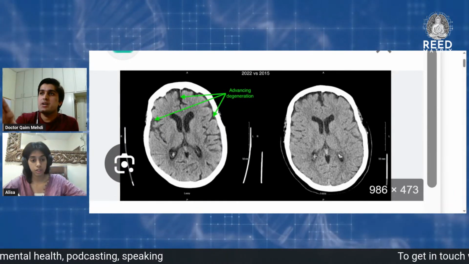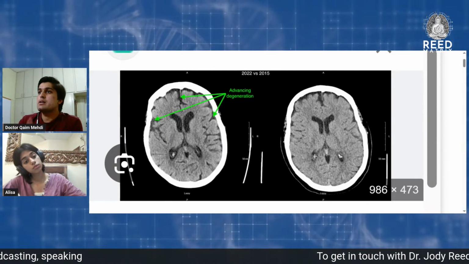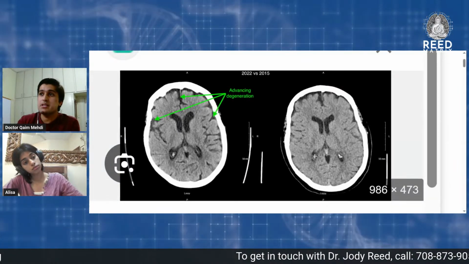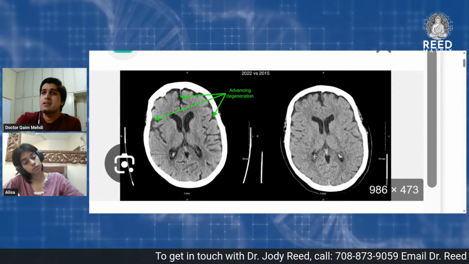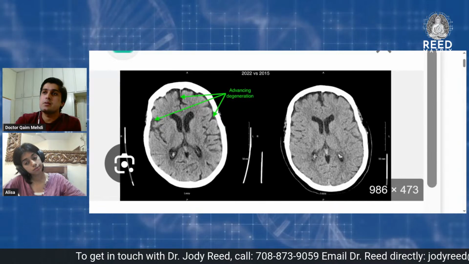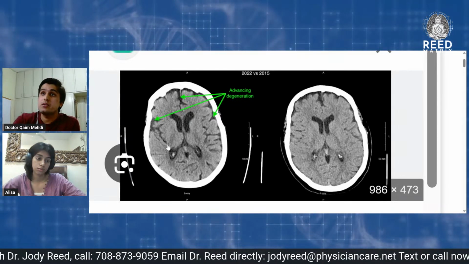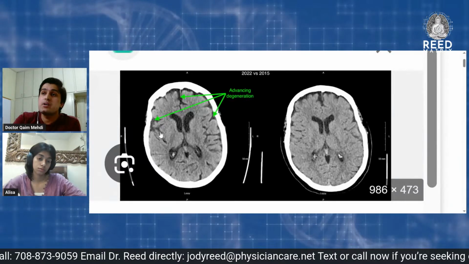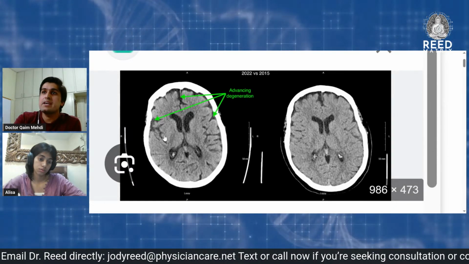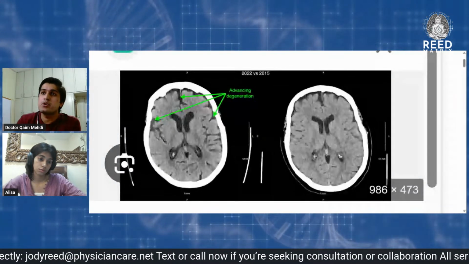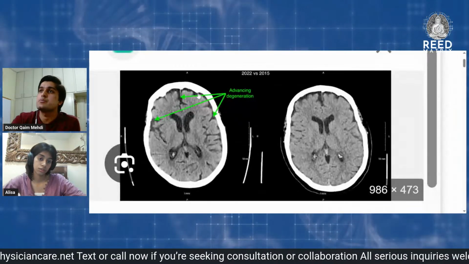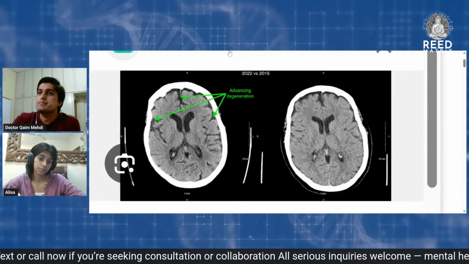So if we are experiencing these kinds of symptoms and then we go through CT scan and we see these atrophic changes in the brain, and this is the temporal region, then we can confirm that it is frontotemporal dementia that the person is experiencing.